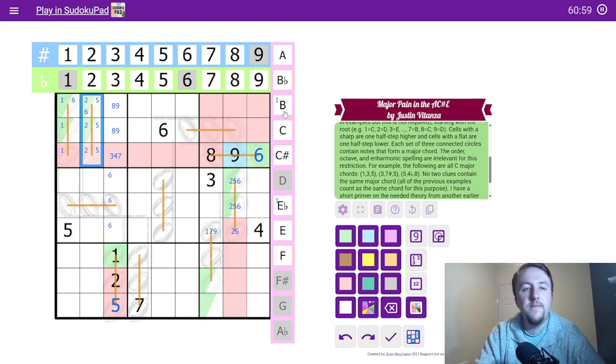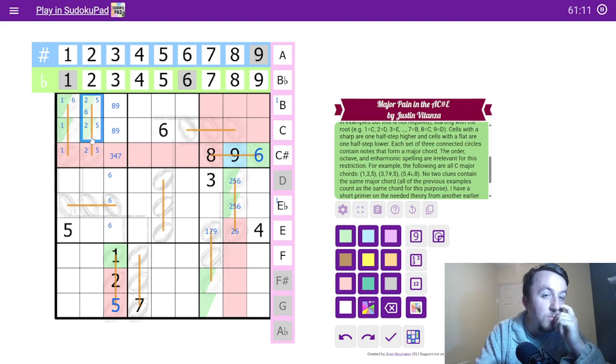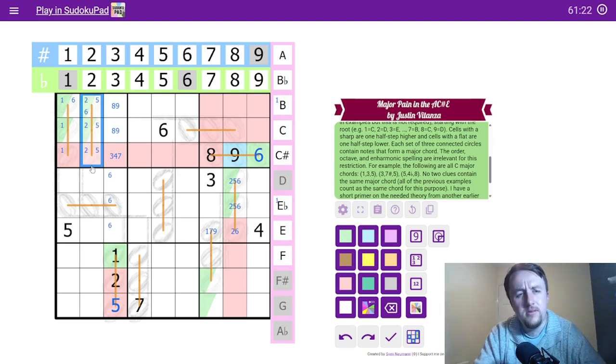So I feel fairly confident that I managed to convince myself thoroughly that 1 and 5 couldn't go together. Yeah, the options were C major, which caused problems.